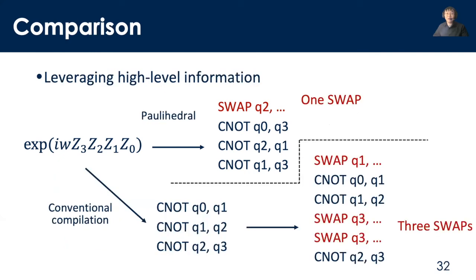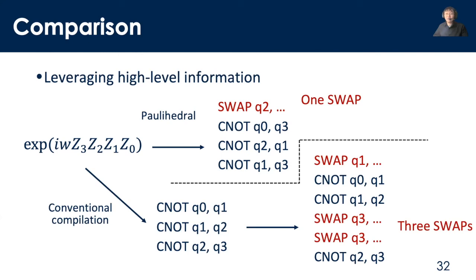Now let's compare these two different approaches. In a conventional compilation, we first convert this operator into some gates, and then we search for swaps for each of the CNOT gates in this gate sequence. And totally, we need 3 swaps here. But in Paulihedral, we treat this operator as an entire block, and we only need to merge all the qubits in tree embedding on the hardware.